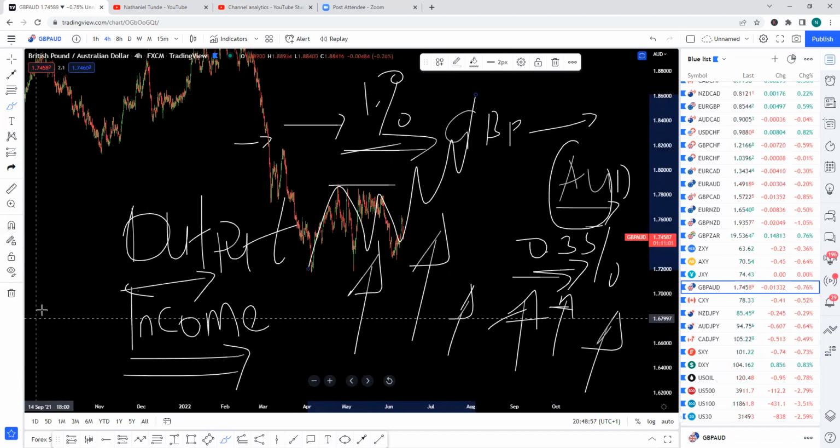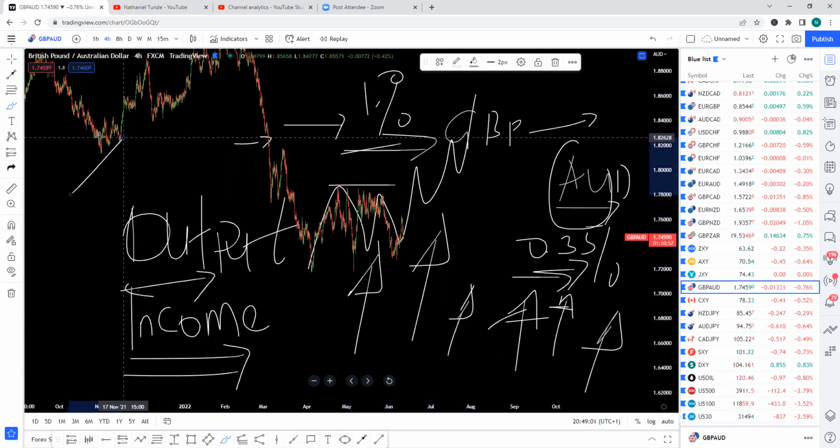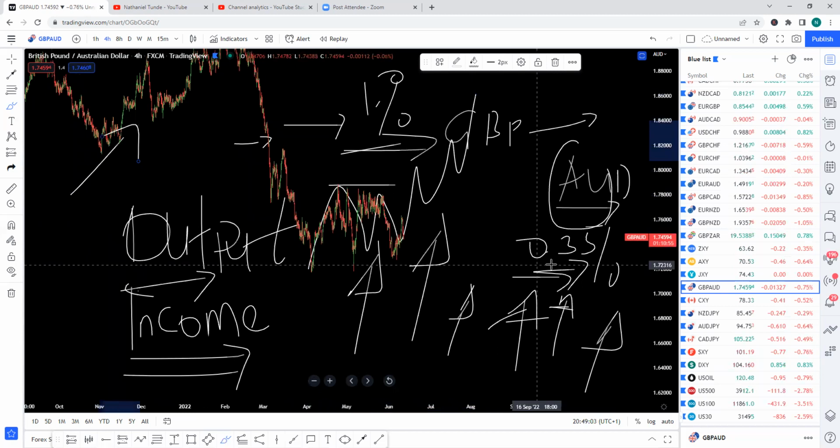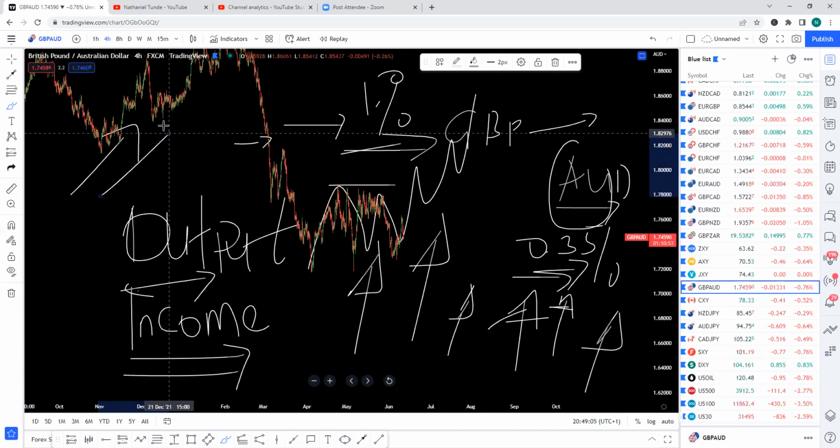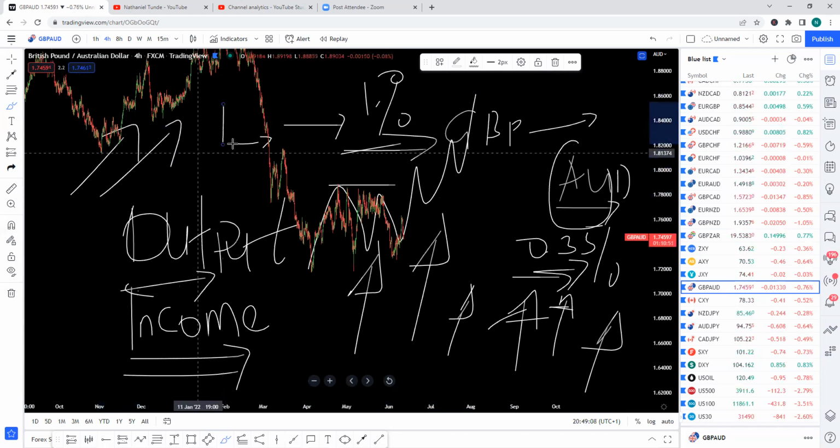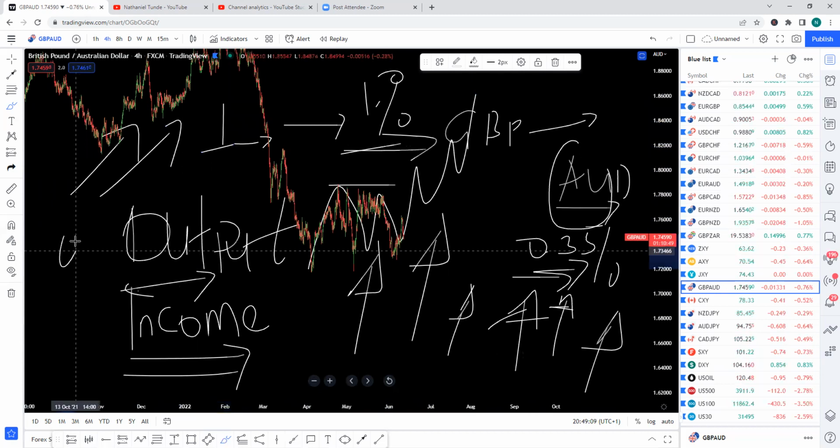Do you understand? This move should come up because GBP should strengthen right now. Its interest rate is 1%, the other one's interest rate is 0.3.